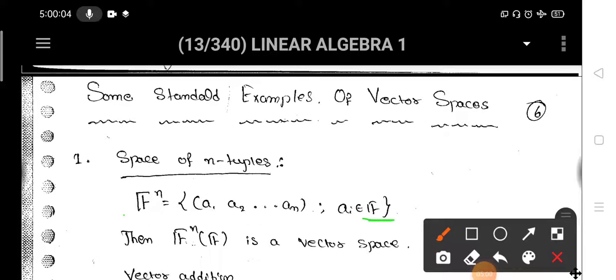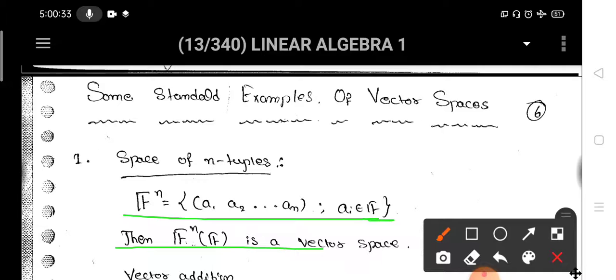So I am taking this set of n-tuples over the same field, the field which I am multiplying with itself n times. I will prove that it is a vector space. Now when I have to prove that it is a vector space, what do I have to prove?